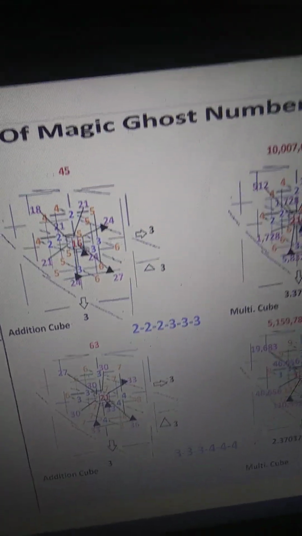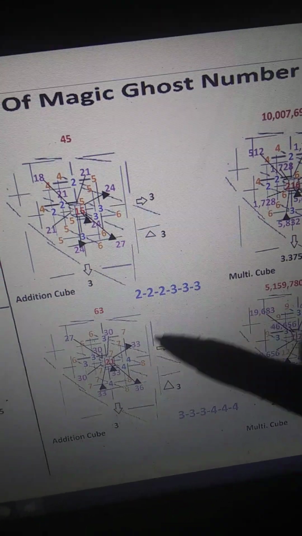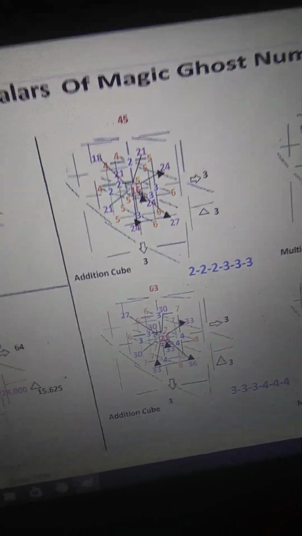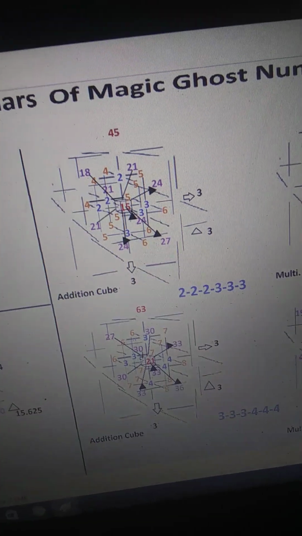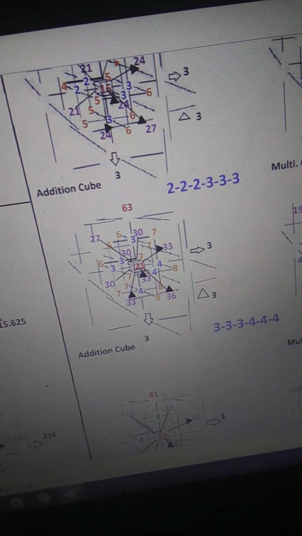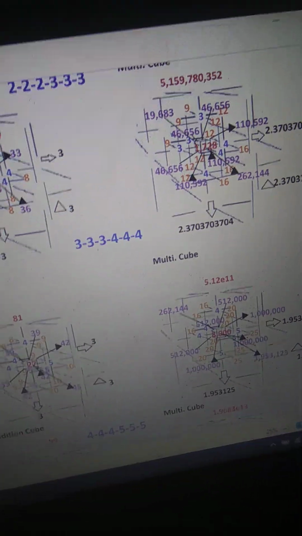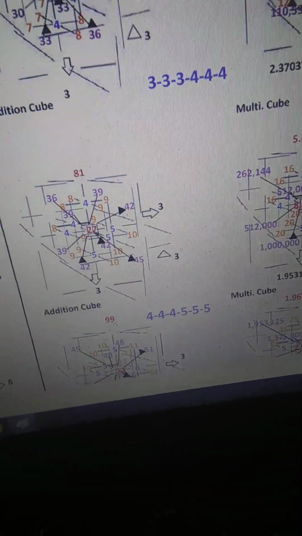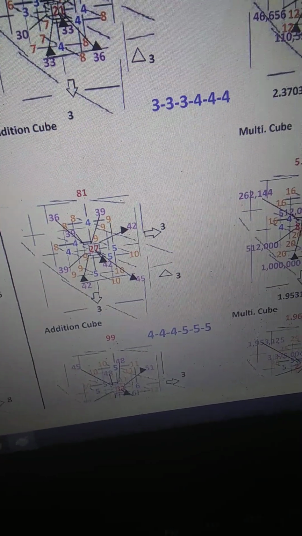These are the first order vectors, and they all go down, 1 going up, in multiplication as well as addition: 2, 2, 2, and 3, 3, 3; 3, 3, 3, and 4, 4, 4; 4, 4, 4, and 5, 5, 5; and lastly 5, 5, 5, and 6, 6, 6.